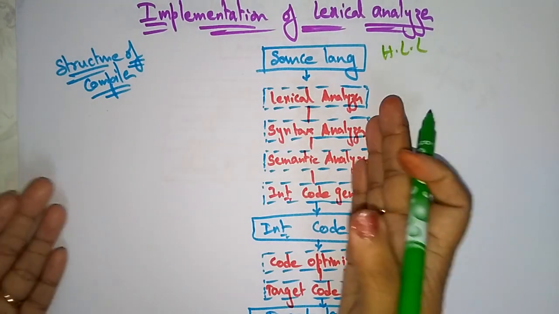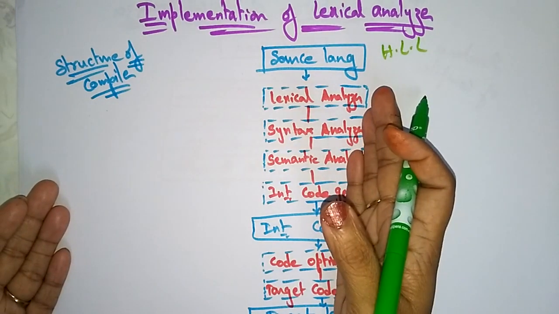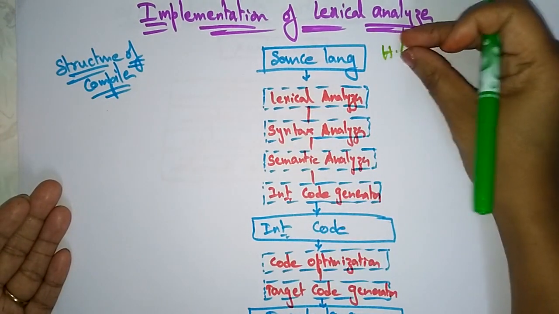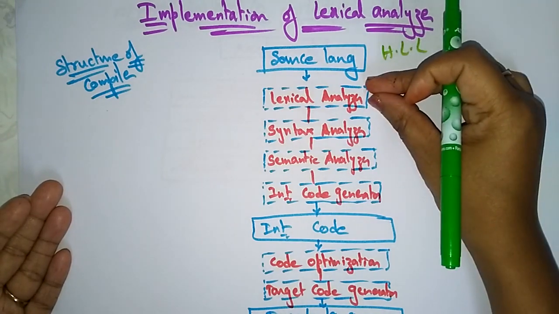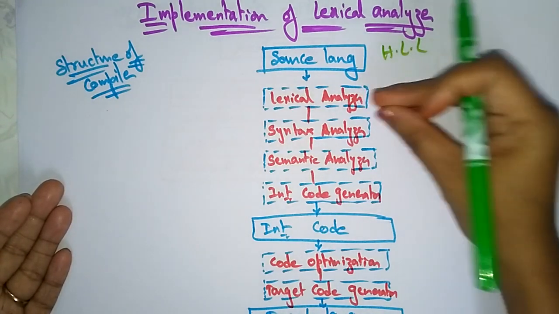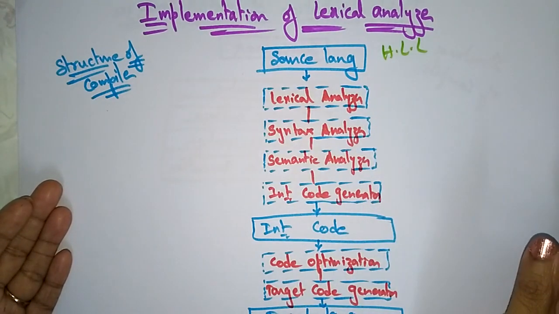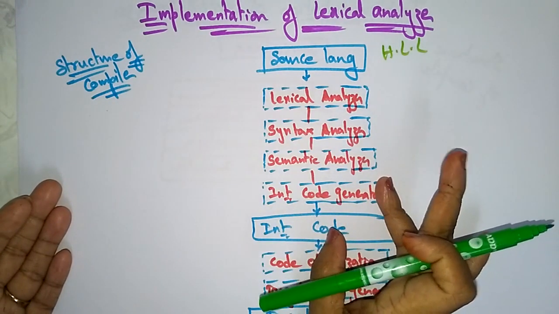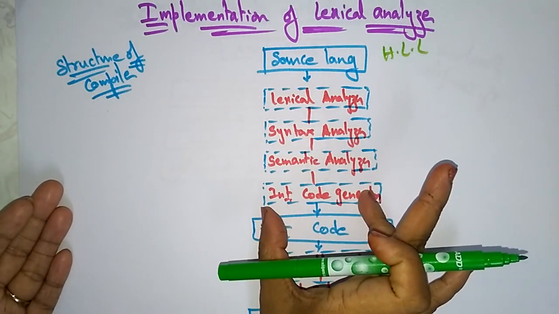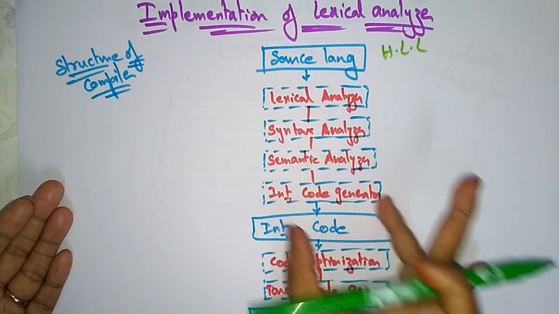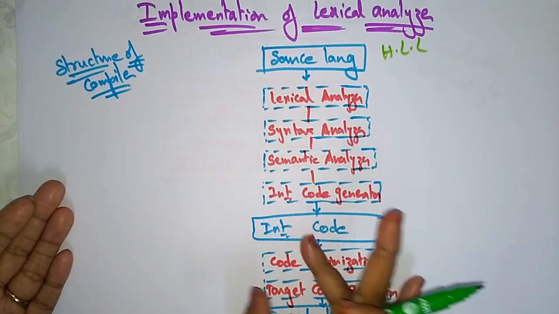Lexical analyzer is one phase, which translates the high level language program into tokens. That lexical output is converted into syntax format, which generates a parse tree. Next is semantic analysis. Finally it is converted by the code generator, and with its help you get the intermediate code.